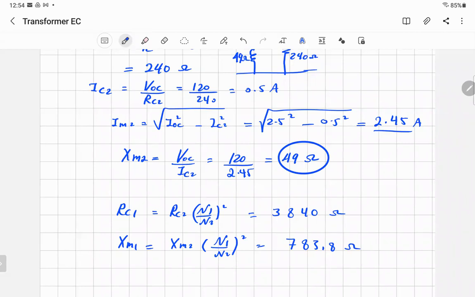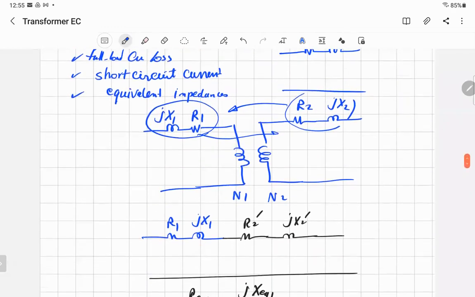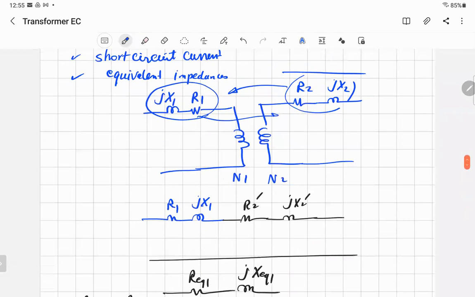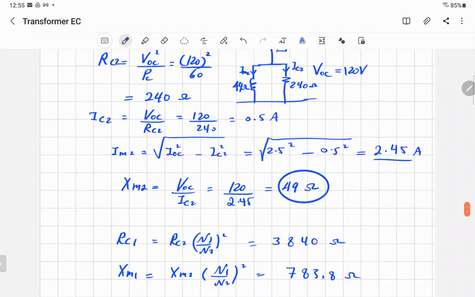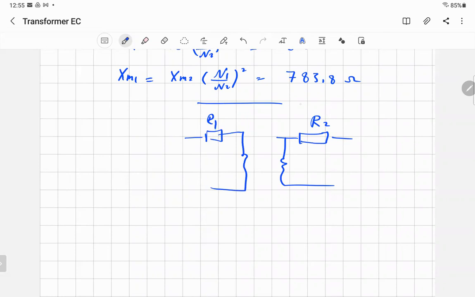Why did you multiply RC2 by N1 over N2 squared? Well, when you find the reflected impedance, when you want to find the equivalent impedance from one side to another, you multiply it by the turns ratio squared. Let me tell you why. Let's say you have R2 on this side, and you want to move it to the other side and call it R1. You know that's N1 and that's N2.